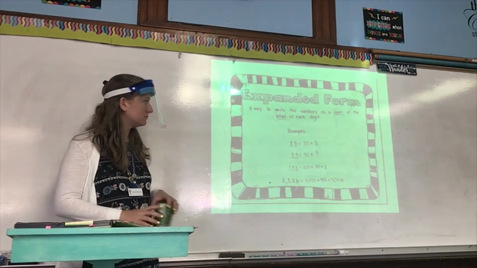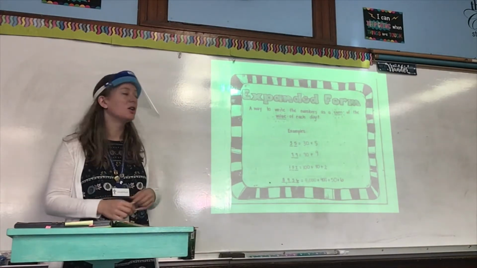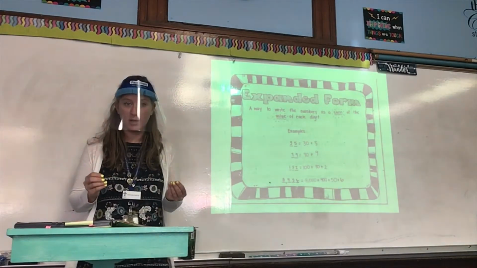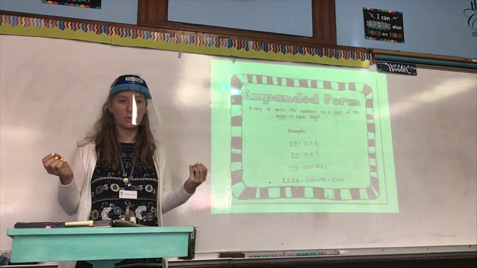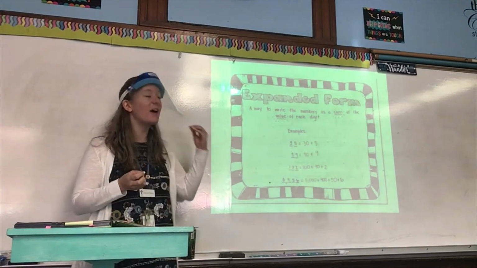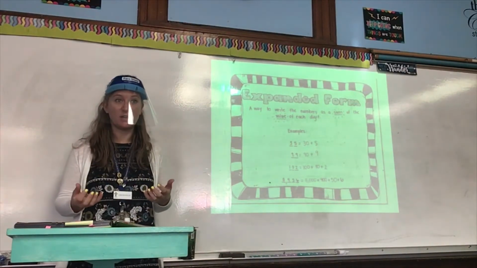A way to write the numbers as a sum of the value of each digit. Good. So expanded form is where we're basically writing a math problem, an addition problem, using the value of each digit. So this is where knowing place value comes in handy.